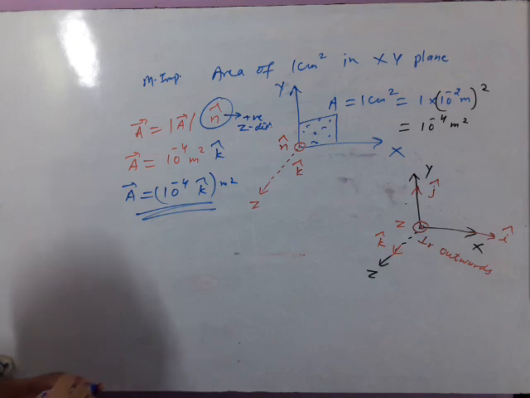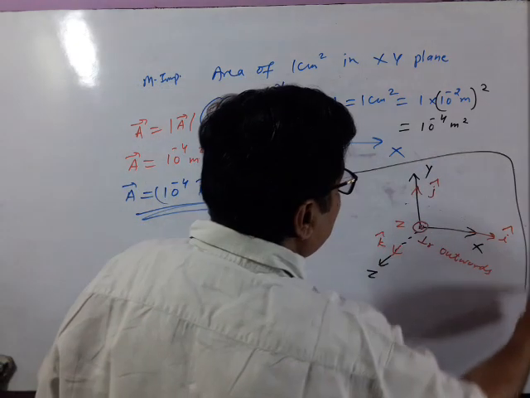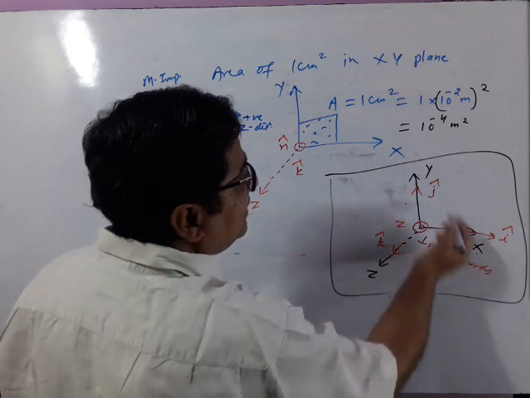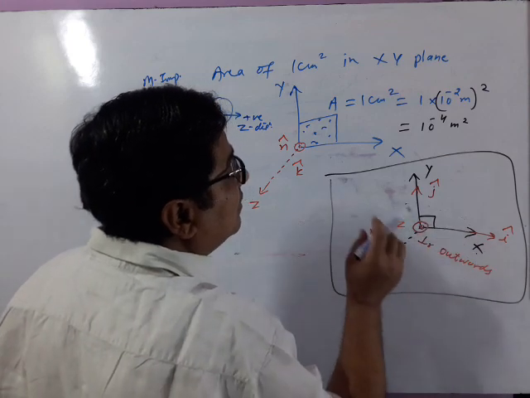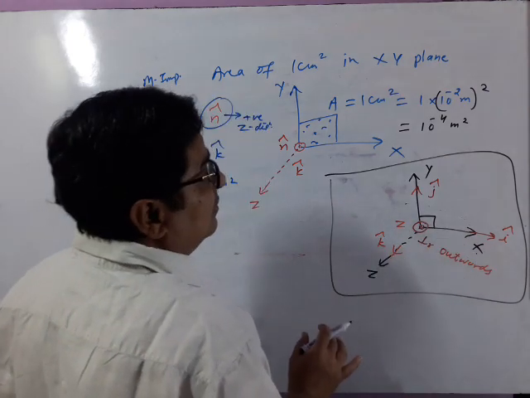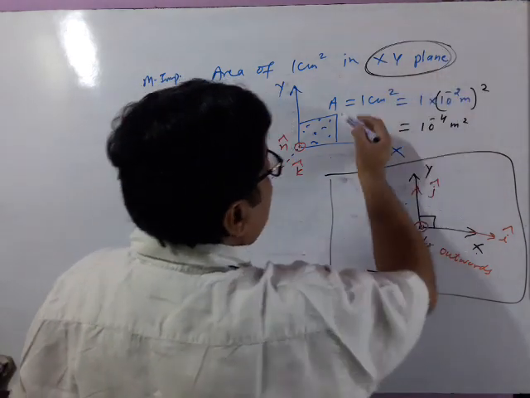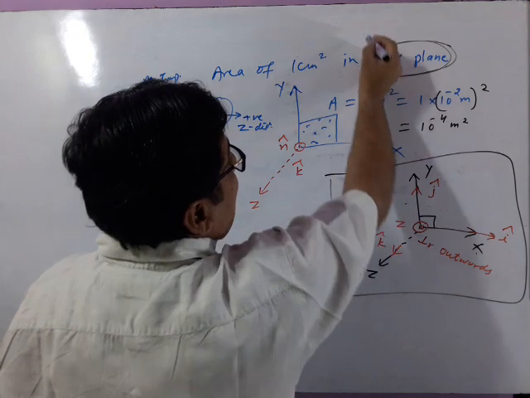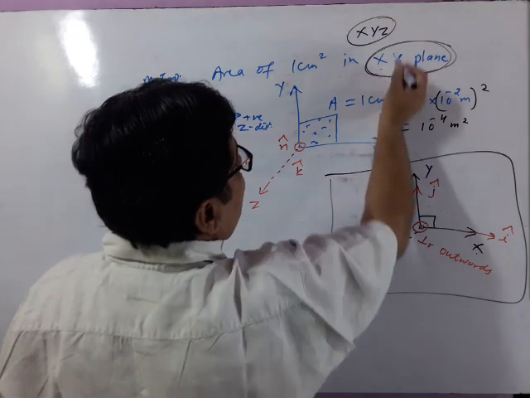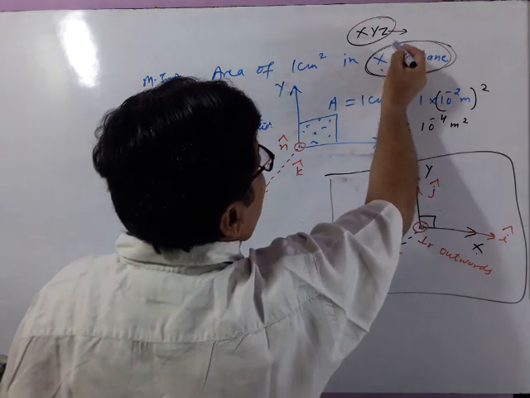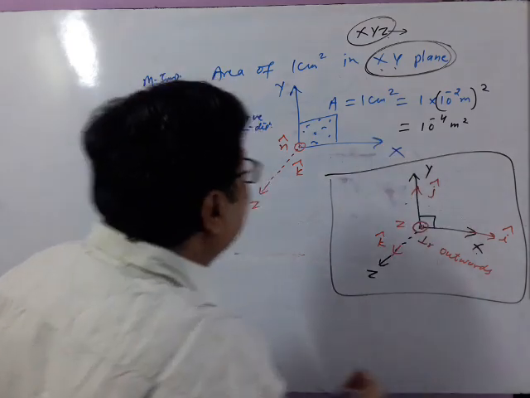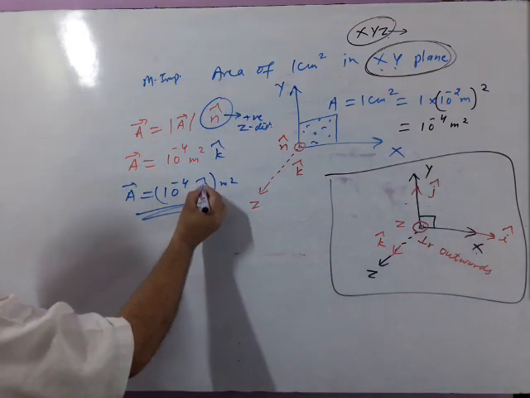Now have a trick. You know all the three directions are mutually perpendicular. X, Y, Z all are mutually perpendicular. So whatever plane is given to you, focus: it is X, Y. Out of X, Y and Z, X, Y are given. What is not given? Z. So there will be Z direction, k cap.